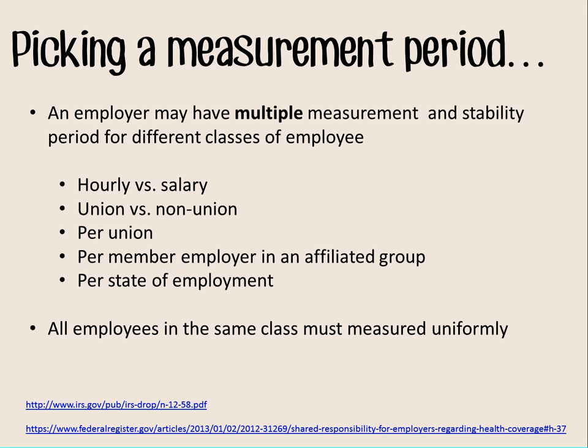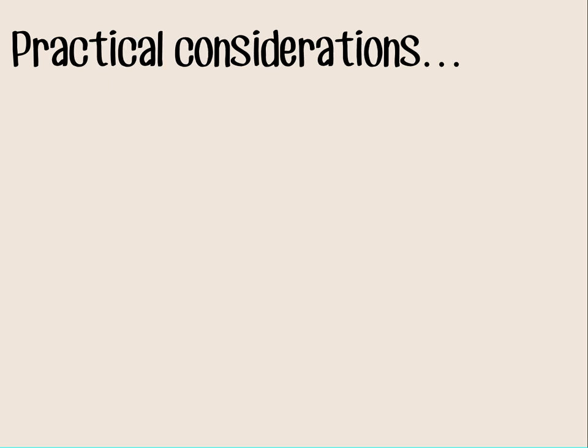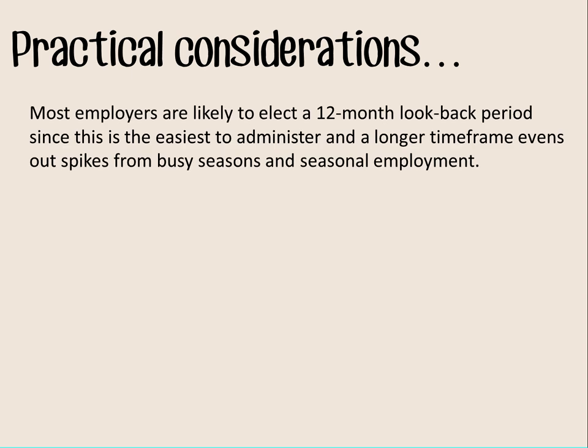So if there's controlled ownership or an affiliated group of companies, each member in that group can have a different measurement and stability period rule. And multi-state employers can have different measurement and stability period rules for each state of employment. Now, it's important to note that regardless of how your employees are classified, all employees in the same class must be measured uniformly.